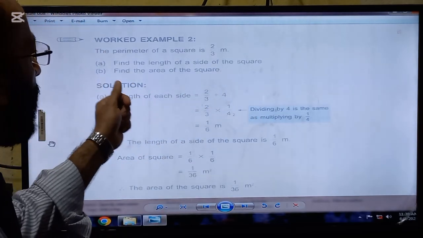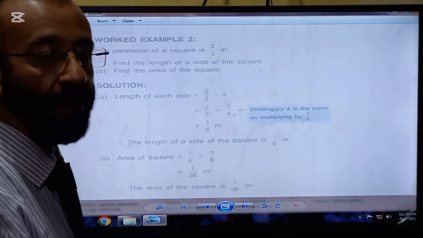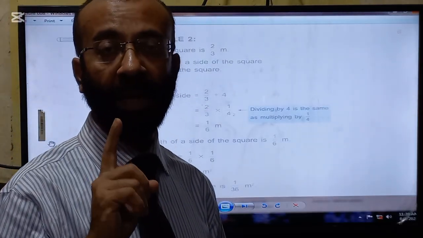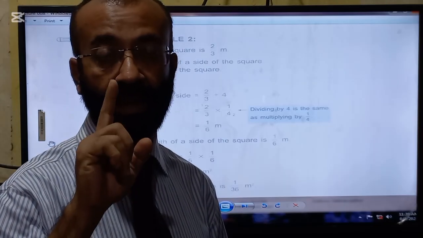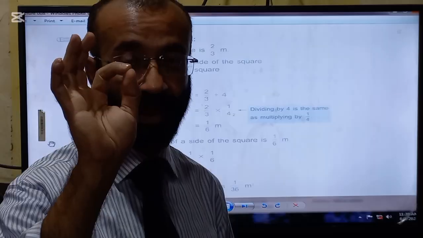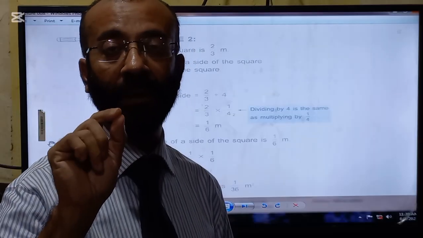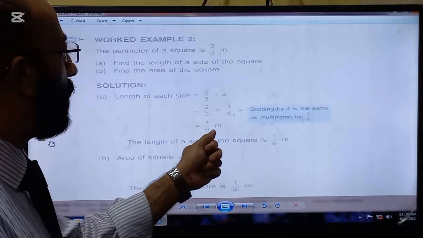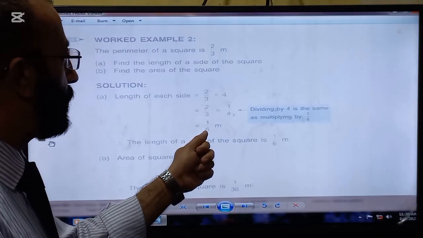In the second part, finding the area of the square is the requirement. So another technique will be used. The formula for the area of the square is L multiplied by L, that is L square, where L is the length of one side of the square. So here is the length of one side of the square.